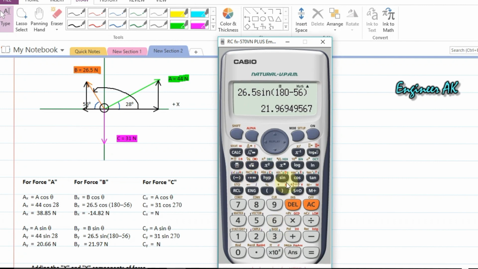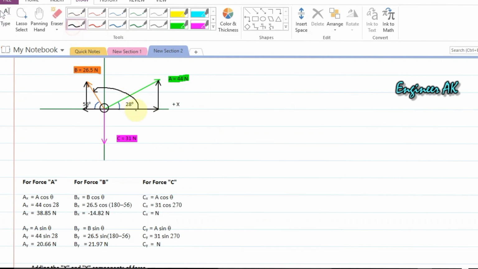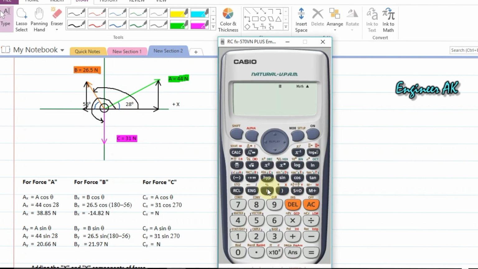Now the same for C. C makes 270 degrees with the positive x-axis. As we know, there is no x component, but if you still want to plug in the value, you will get 0.